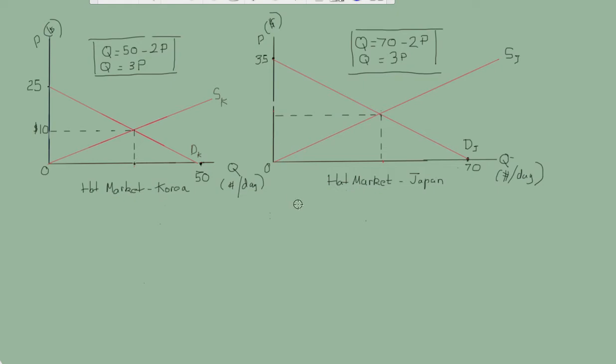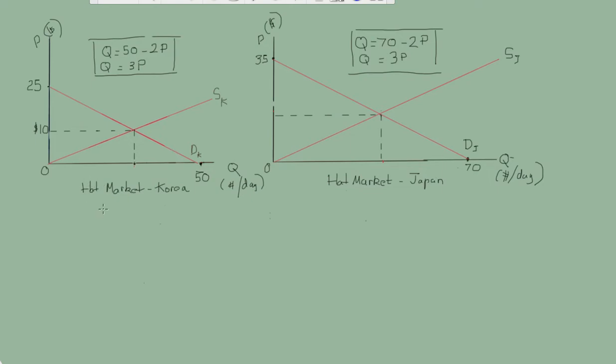And same if we go over to Japan, I did the same thing in terms of plotting the demand curve and then plotting the supply curve. And with the sketch, you can see that it looks like probably Korea has a lower autarky equilibrium price of hats, so they're probably going to be the exporter, but let's just check that.